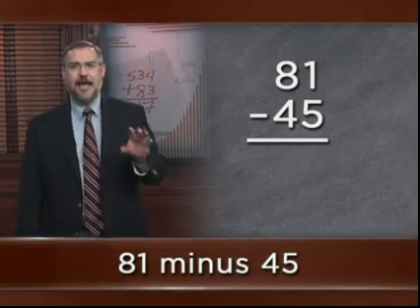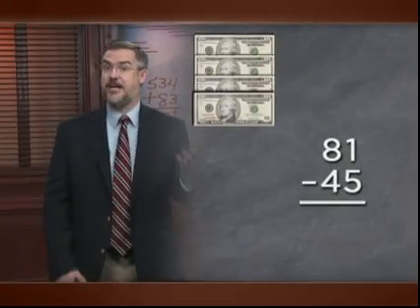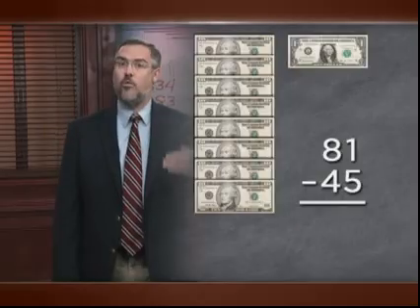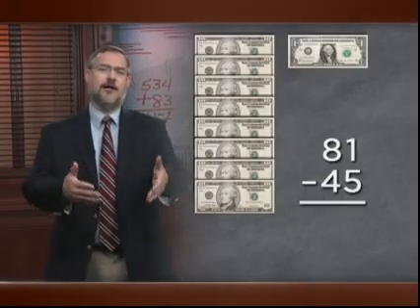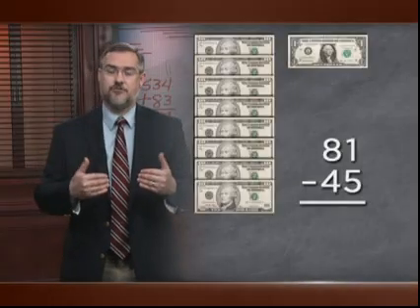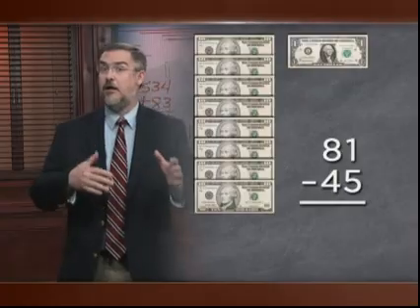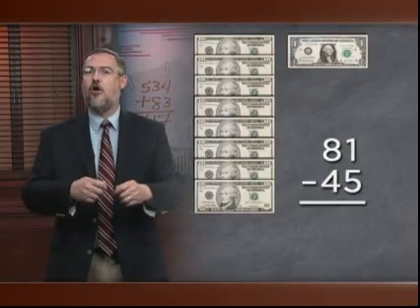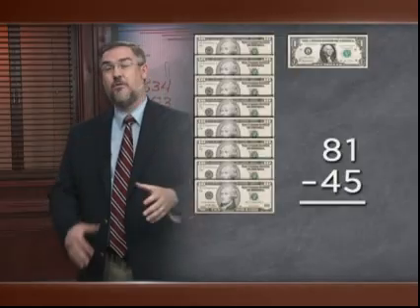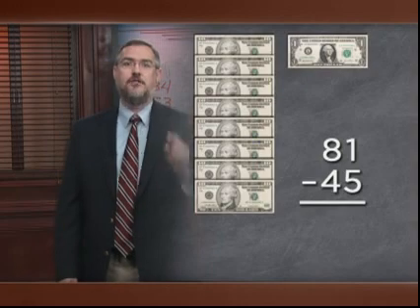If having $81 can be thought of as having 8 $10 bills and 1 $1 bill, then we can also think about someone asking for $45, or for us to need to give someone $45. Well, then we would have a problem because we wouldn't be able to give them all of those $45 with the right change, if you will, because we only have one $1 bill.